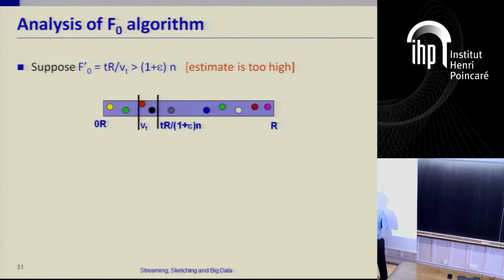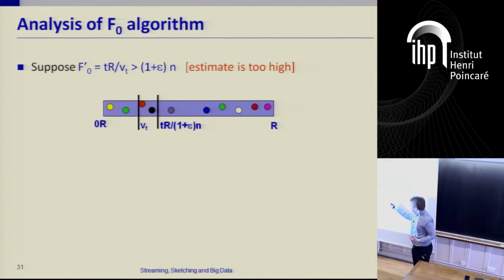My estimate is too high if this value vt is too small, because the way it goes into the estimate is reciprocal. If I put the right value of n in, I should have seen a hash of the t smallest values that is no less than this.